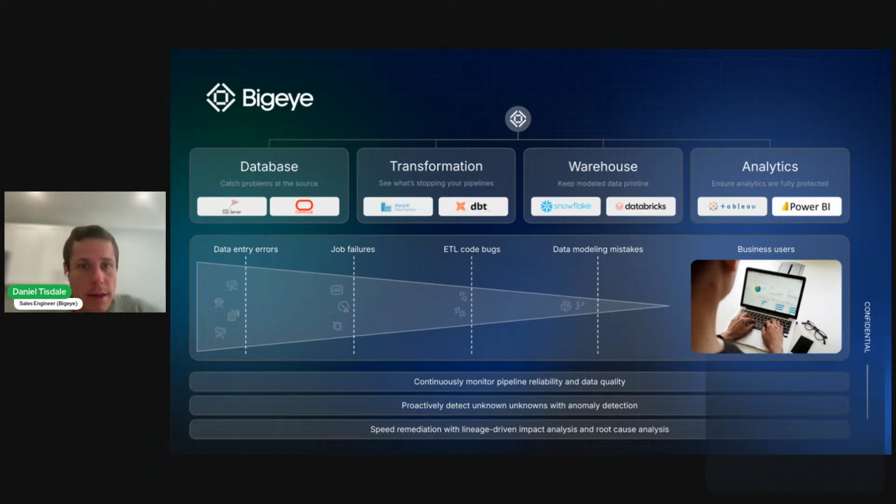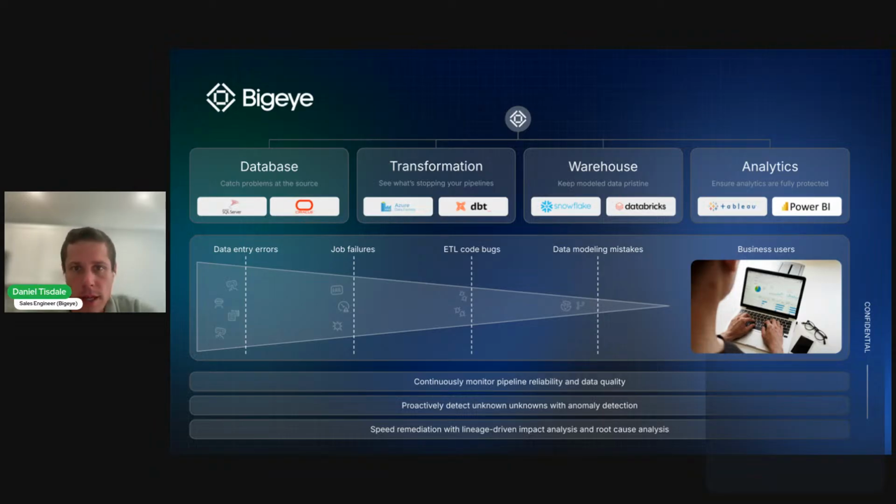We're also able to proactively detect those unknown unknowns with anomaly detection, and then ultimately that helps speed up the remediation with lineage-driven impact analysis and root cause analysis as well. And we'll see this in the demonstration, as far as how this workflow functions.